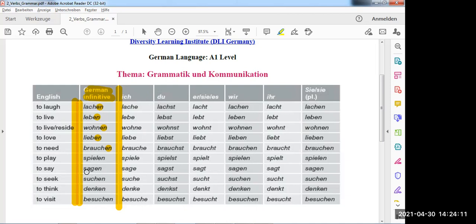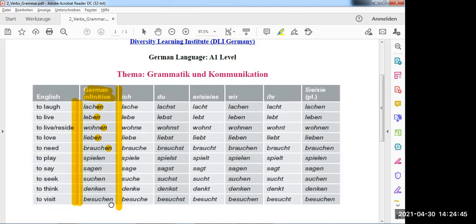Remember, please, when you've got S followed by a vowel, we pronounce S like Z, not sagen with a hard S, because it's followed by a vowel. To seek, suchen, when you are looking for something. To think, denken. To visit, besuchen.